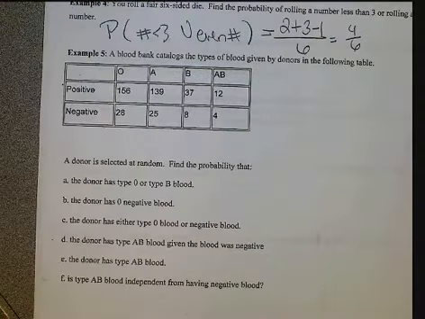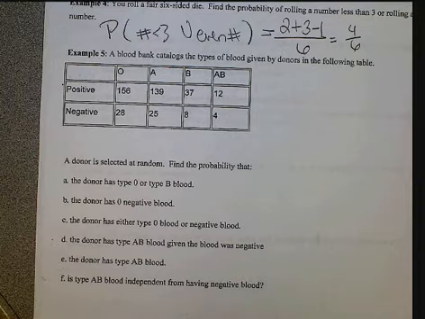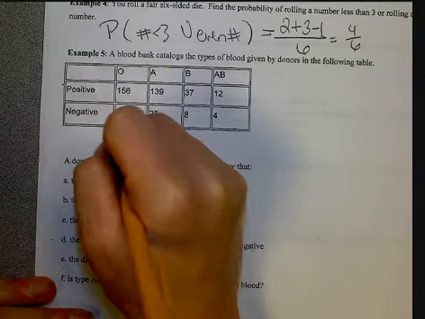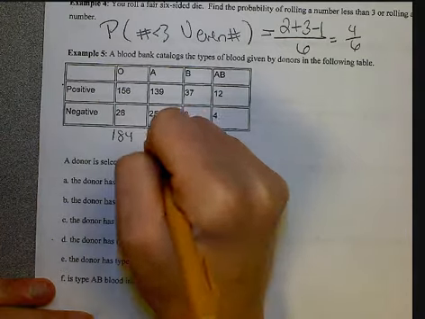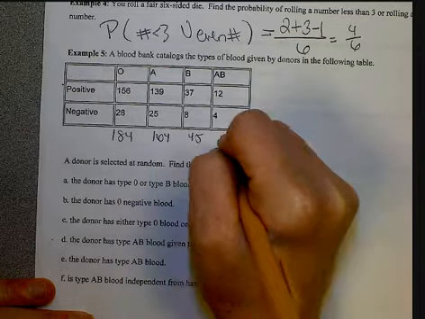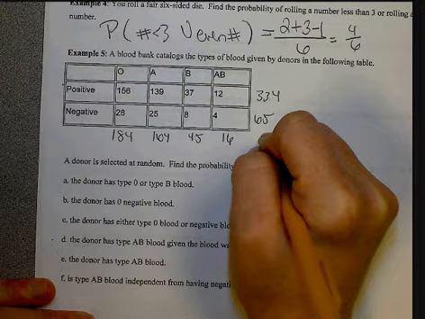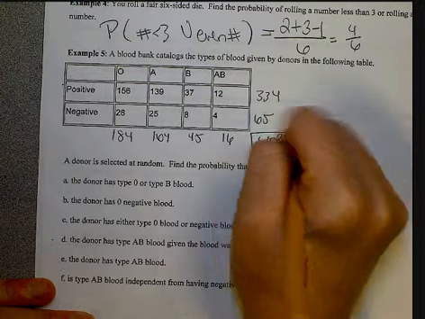So we've got another table here. I'm addressing the same thing. This table involves blood types. So we can have O, A, B, AB, and then each of those can be positive or negative. We're selecting a donor at random. Find the probability that the donor has type O or type B blood. So first let me go find my totals here. I have those. So in all, we have 409.